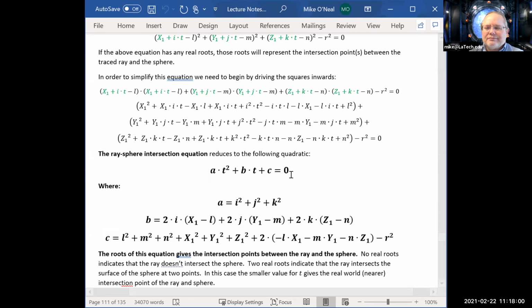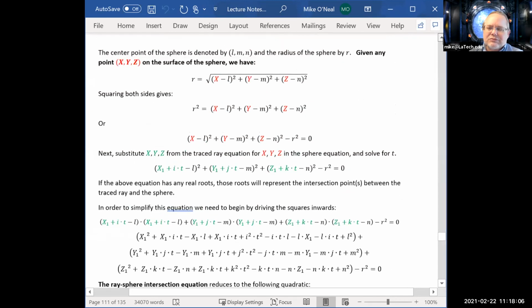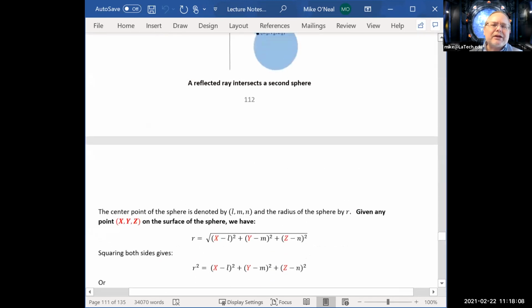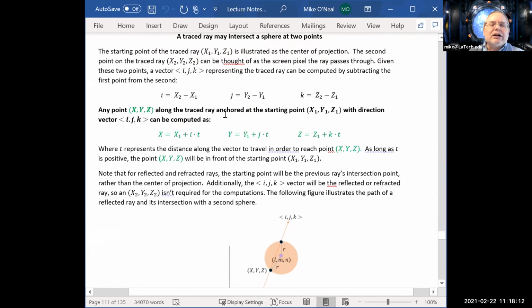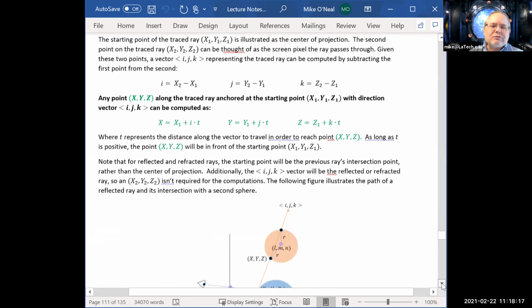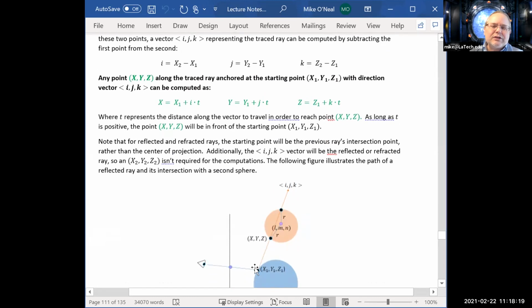Let's see. Okay, Stephanie has a question that it looks like Andrew answered, but I'll go back and make sure that we're on the same page here. Stephanie, we need two things when we want to talk about a ray. We need to know where the ray starts, and we need to know the direction the ray is going in.